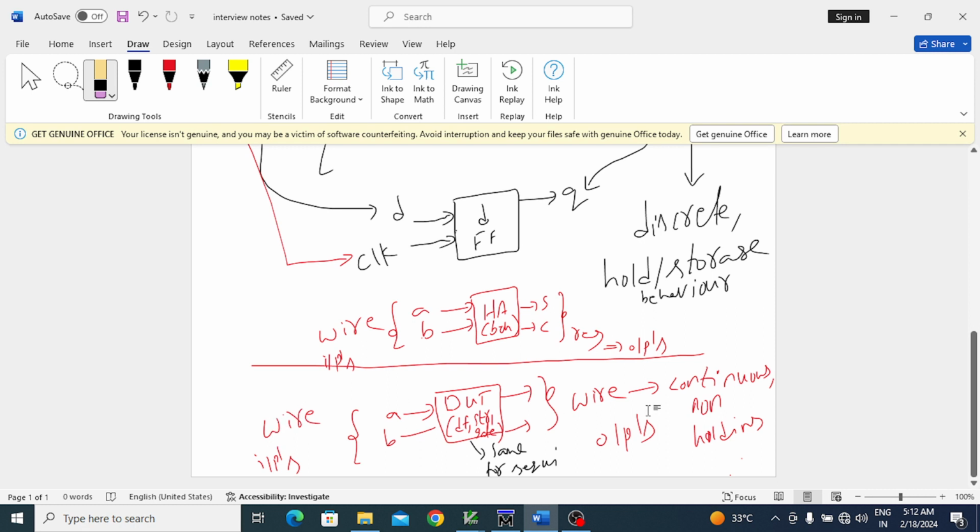Even if you write sequential circuits in data flow, structural, or gate level, outputs will become wire only, both inputs and outputs. You won't get reg in data flow, structural, or gate level. There is no intention like until getting the next output I need to store the present output. That intention is there in behavioral style only.